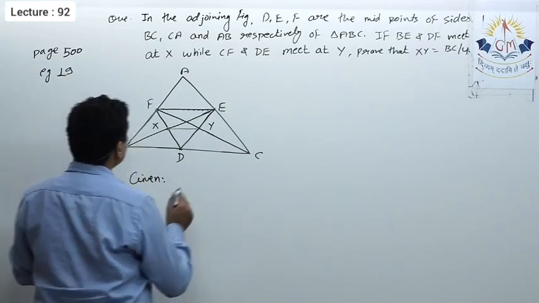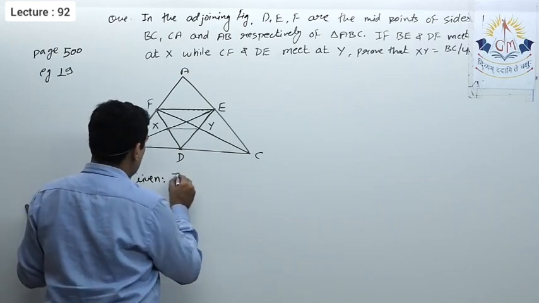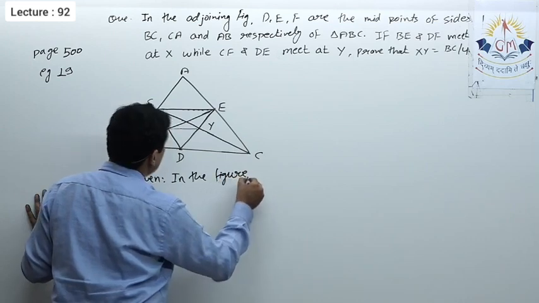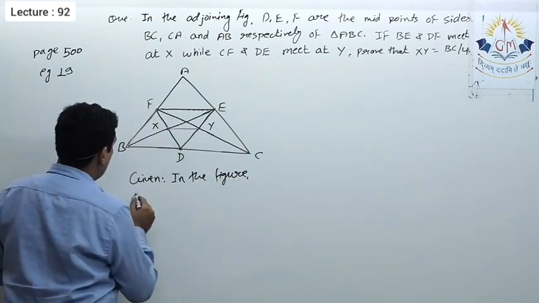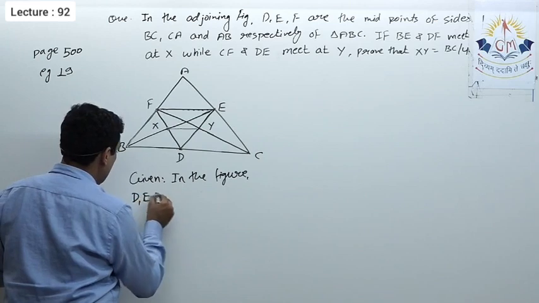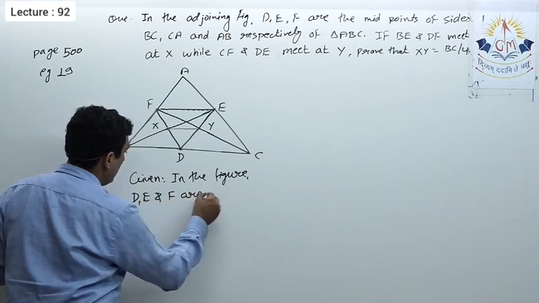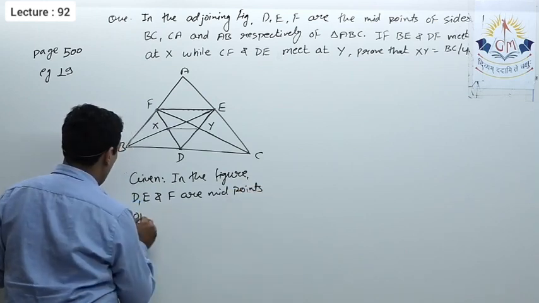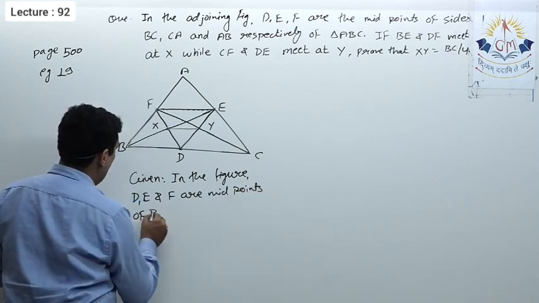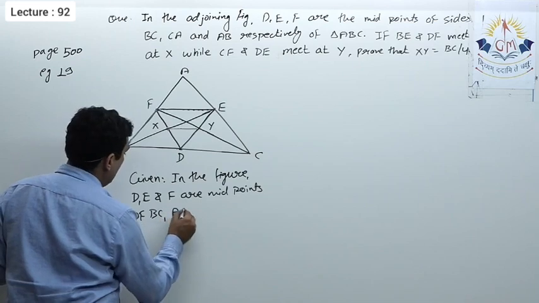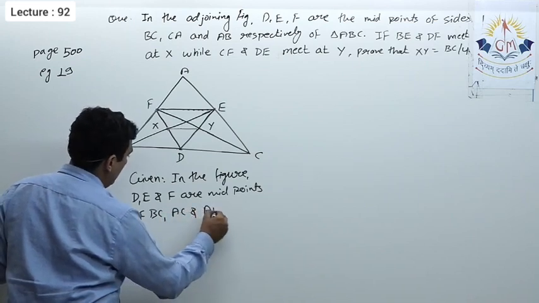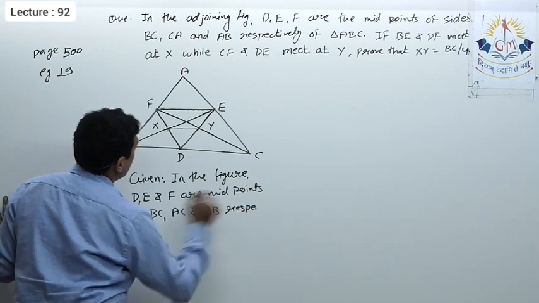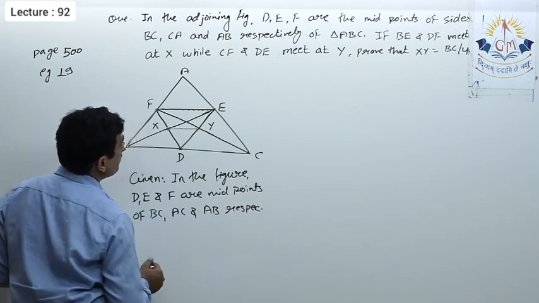Given in the figure, D, E, F are the midpoints of BC, AC and AB respectively.